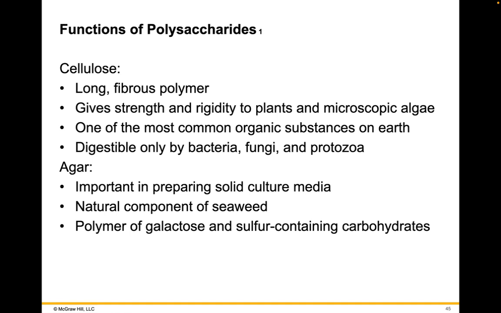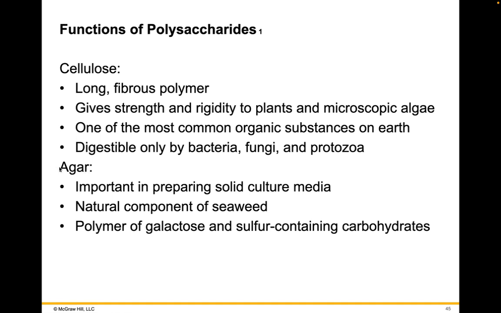Remember, it is digestible only by bacteria, fungi, and protozoa, and bacteria is living in the cow's stomach, so that's what's helping the cow. I think about, for protozoa, termites have a protozoa living in them, and so they eat wood, which is pretty much pure cellulose, and that protozoa breaks the cellulose down into small sugars so that the termite can live.